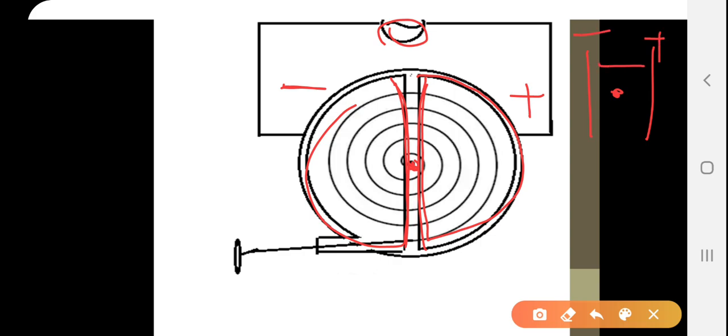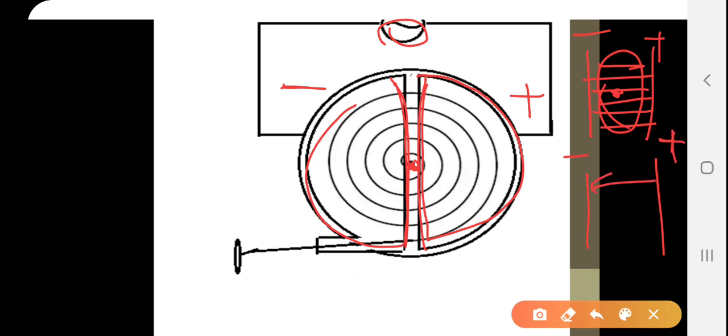So there is an alternating potential between these terminals. This will create an electric field, and the flow of electric current will be from positive to negative. This is the direction of the electric flow. Within the circuit, the electric field is only between these two gaps.